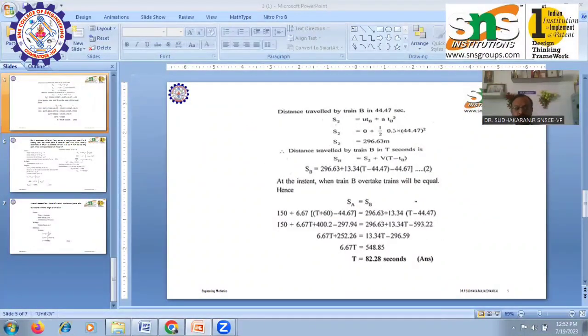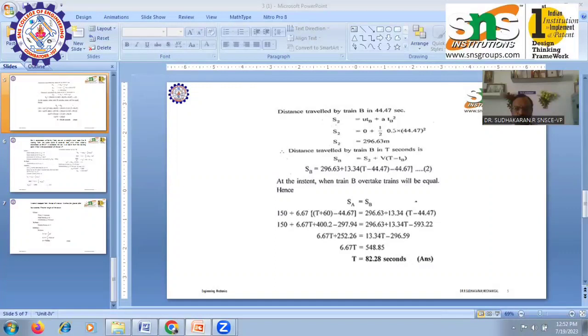Now, the distance traveled by train B in this particular time of 44.7 seconds. So what is this distance? Distance is equal to velocity into time plus half acceleration into time square. Now, S is equal to, again the velocity at the start of train B is 0, so the term gets removed. Acceleration is 0.3 for train B and the time taken is 44.47.